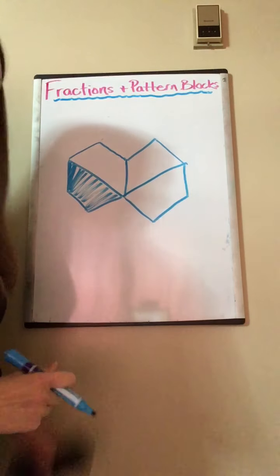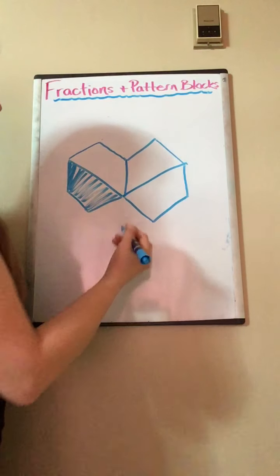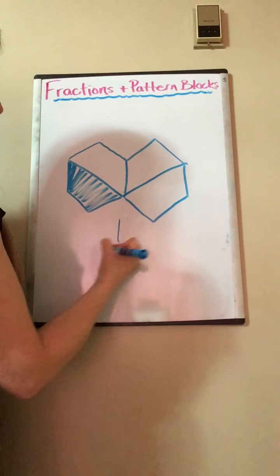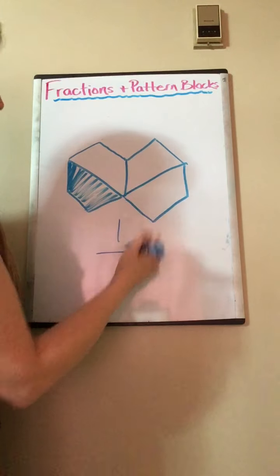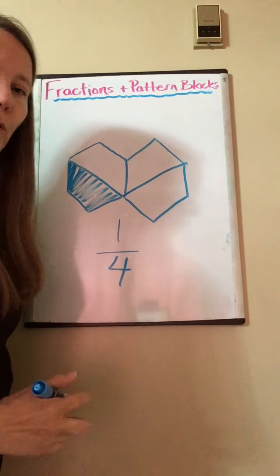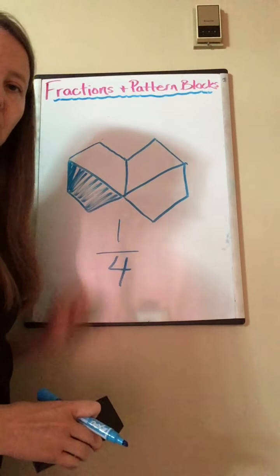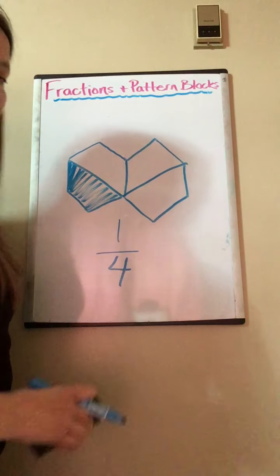Now can I create a fraction? Sure I can. How many parts are counted? 1. How many equal parts are there now? 4. 1/4 of that double shaped hexagon has been shaded.